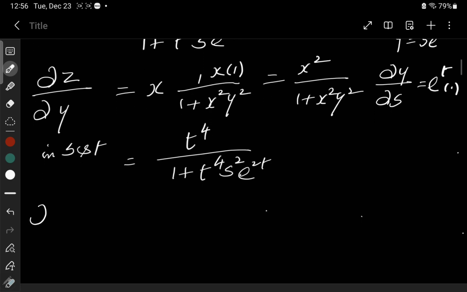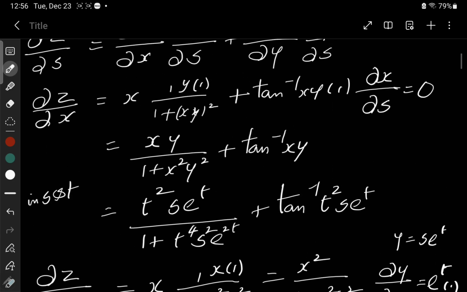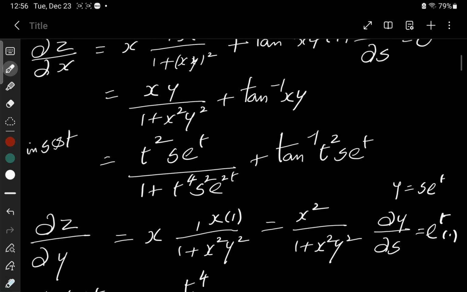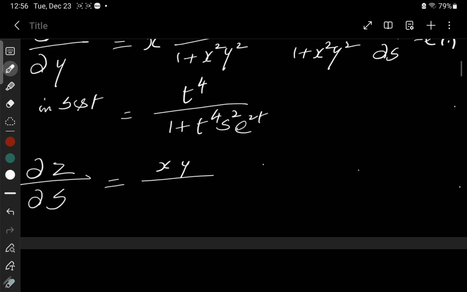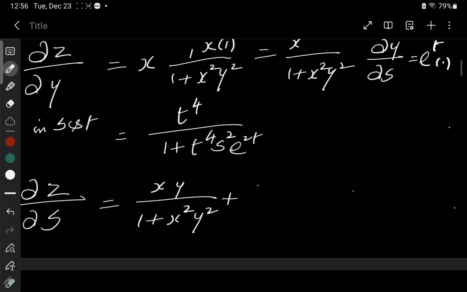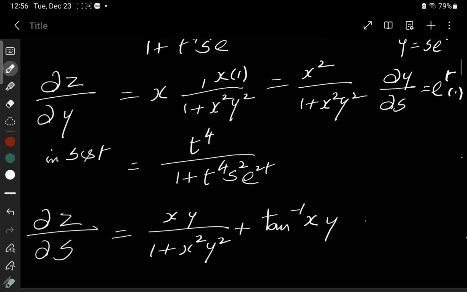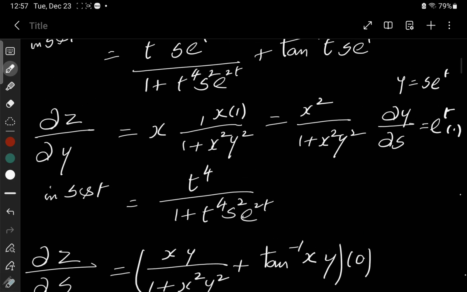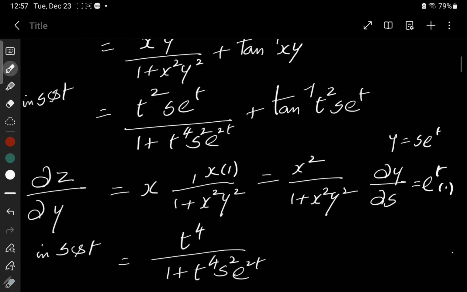Now substitute in the expression for dou z by dou s. Dou z by dou x, that is xy by 1 plus x squared y squared plus tan inverse xy, into dou x by dou s, which is 0, gives 0.